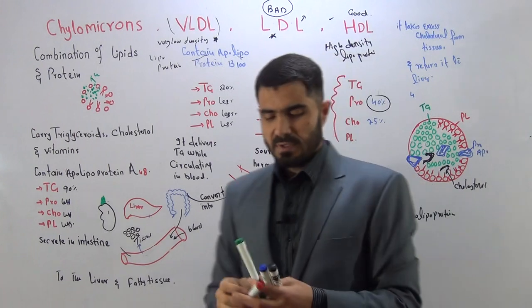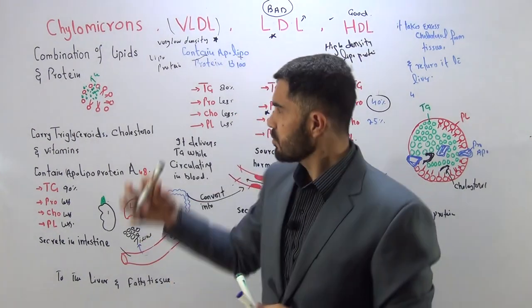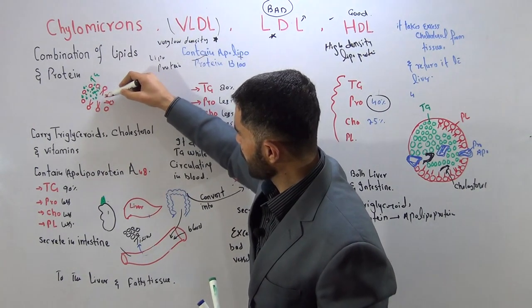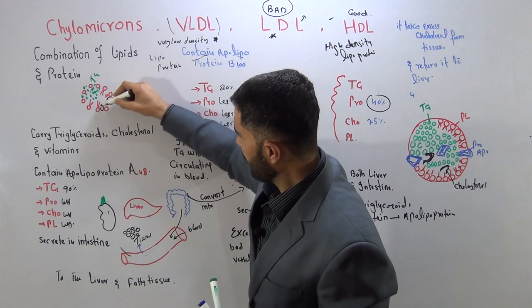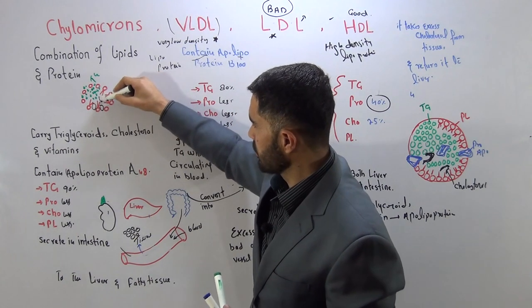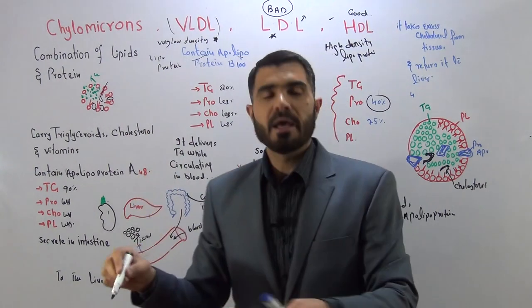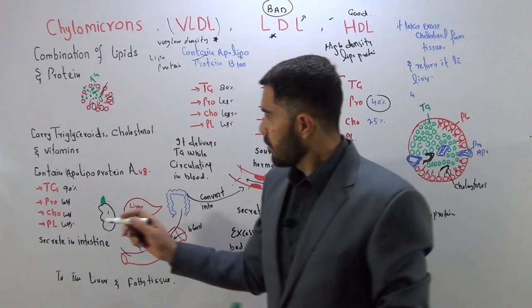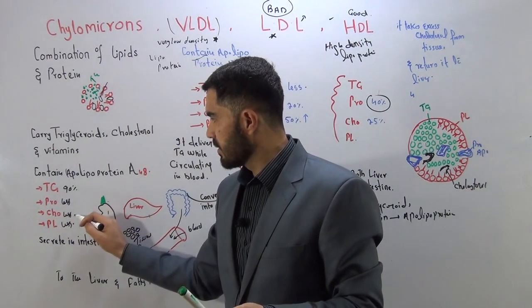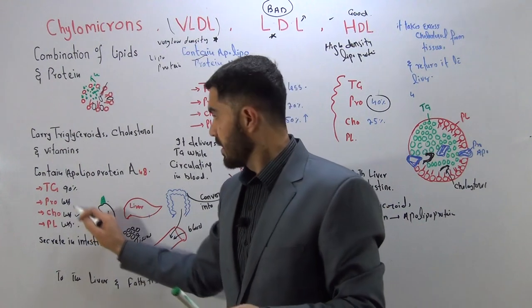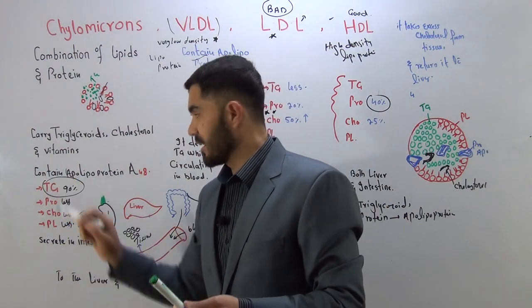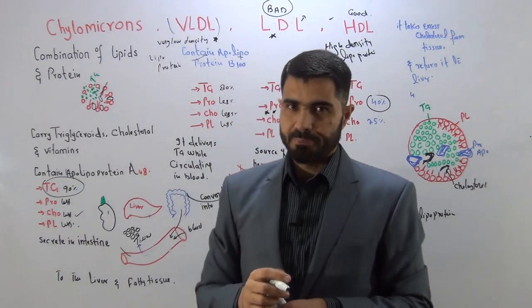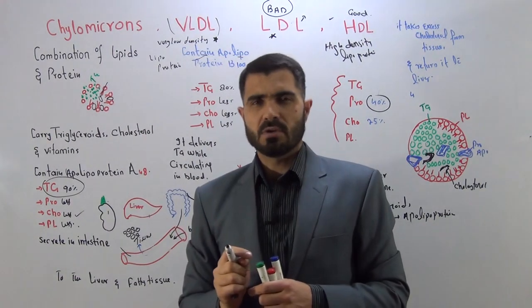However, the remaining substituents, cholesterol and apolipoprotein, are very little. All four different substances are there, but protein, cholesterol and phospholipid are very little, while triglyceride is in excess, 90%. One thing more, the protein which we call apolipoprotein, present here in chylomicron, has its own name.